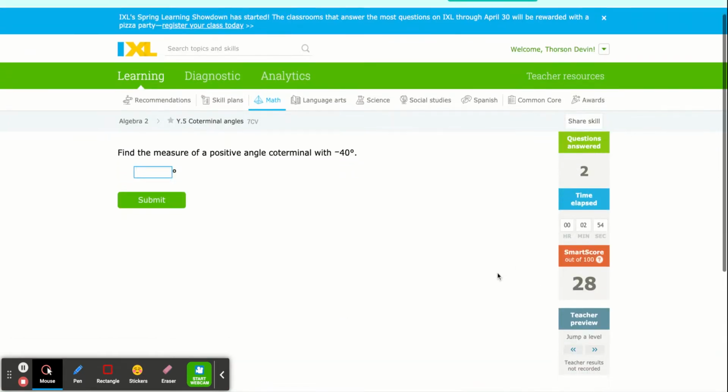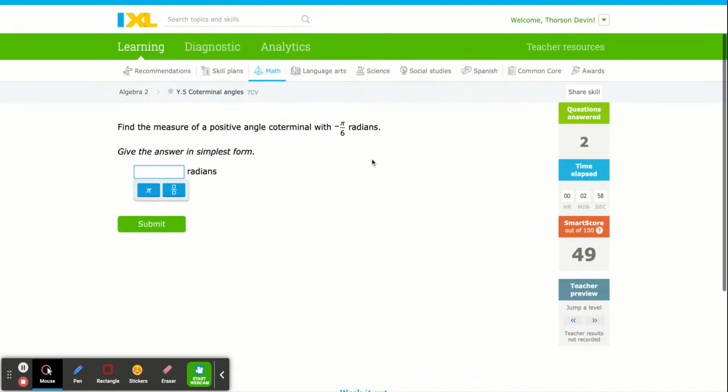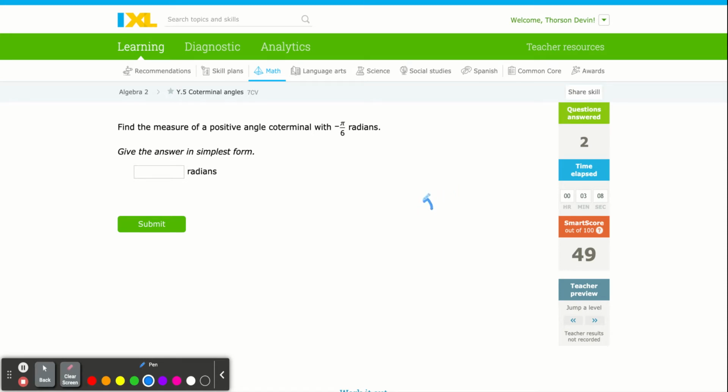But eventually we're going to get to radians. When you get to radians like this, you don't add 360 because you don't add degrees. You add radians. And what is one complete revolution around the circle in radian measure? It's 2 pi. So what you're going to start doing is adding 2 pi or subtracting 2 pi to this negative pi sixths.